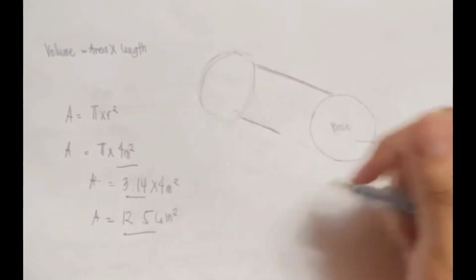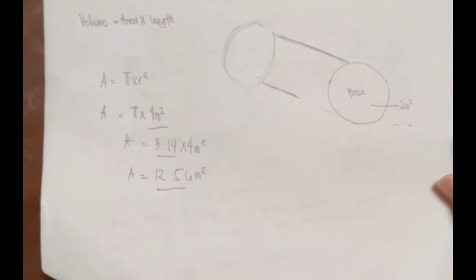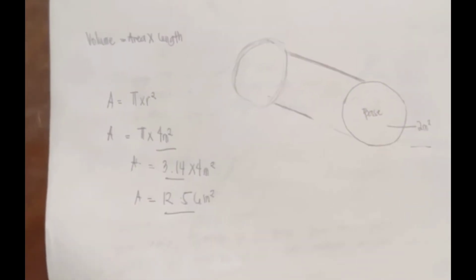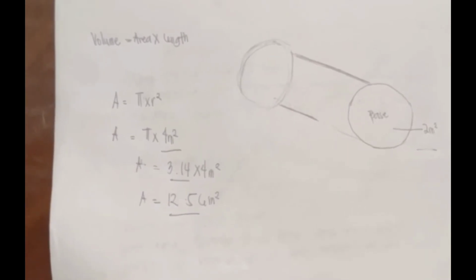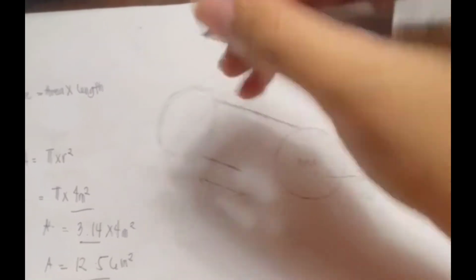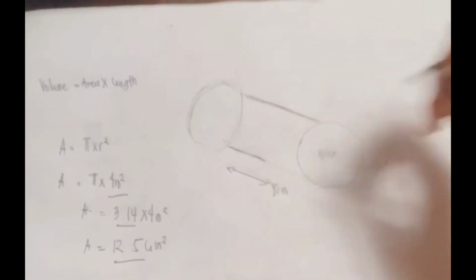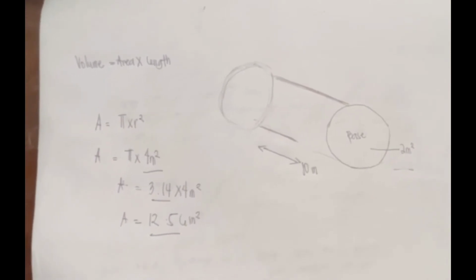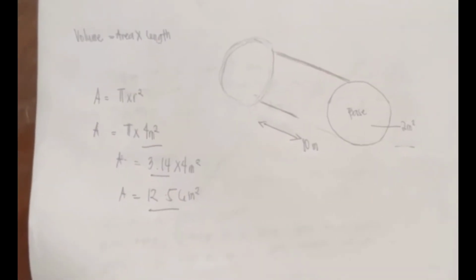Then we get 12.56 meters squared. Now that we know the area of the circle, to find the volume, we just multiply that area by the length of 10 meters. The circle was extended, which happens to be 10 meters.